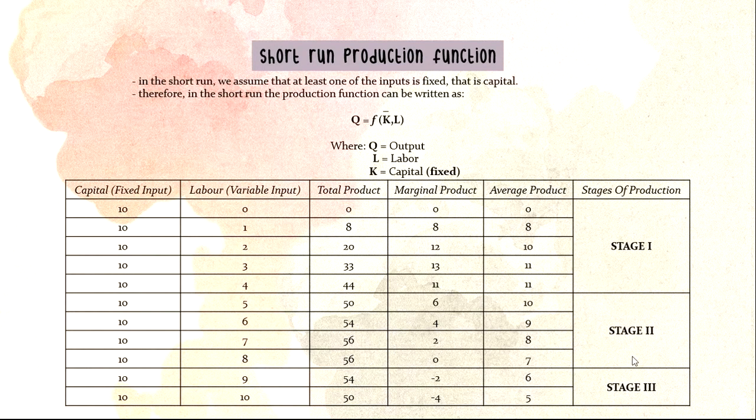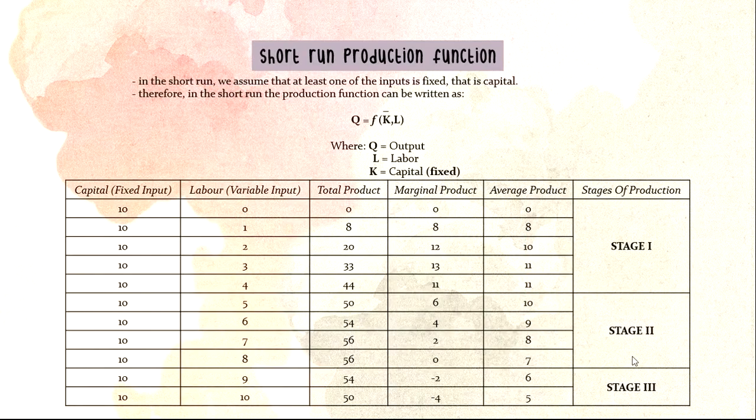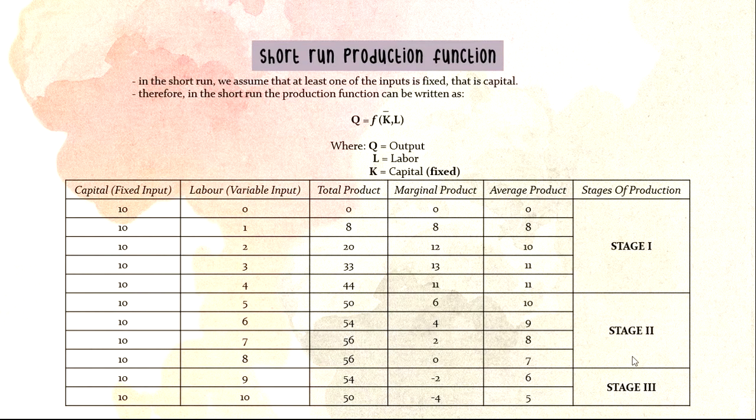We subtract, and we can see the change is 12. We divide 12 by the change in quantity of variable factor, which is 1. So we get the marginal product, which is 12.